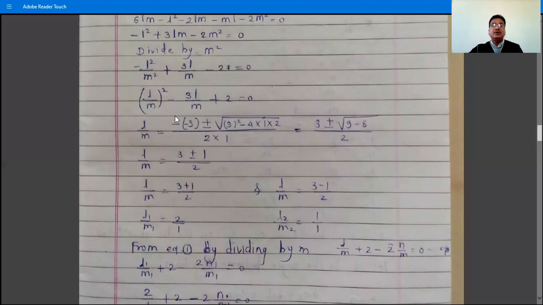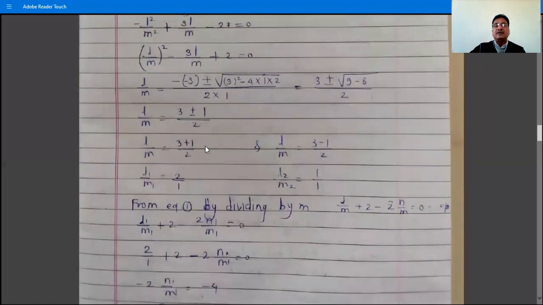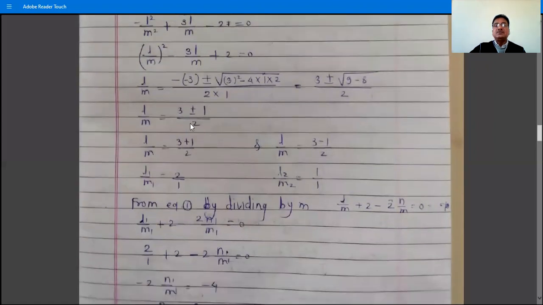So l by m is minus b, which is 3, plus or minus root of (minus 3) square minus 4 times a is 1 and c is 2. This is an equation of the form ax square plus bx plus c equals 0. Then we have the 2 roots. Take 3 plus or minus root of 9 minus 8, that is root 1, so 3 plus or minus 1 by 2.